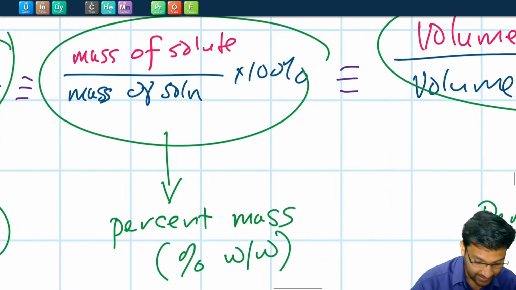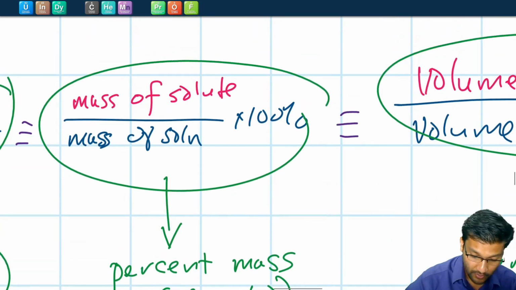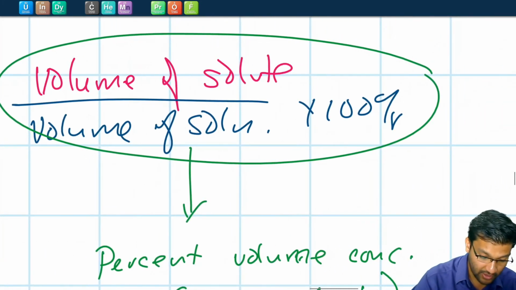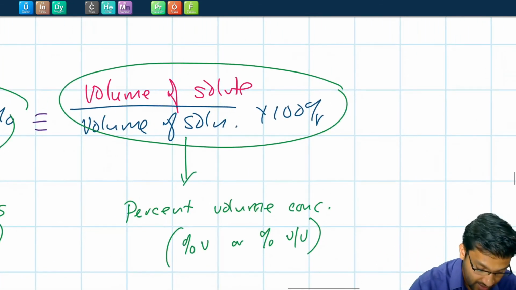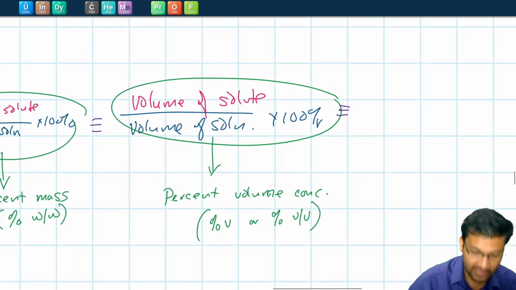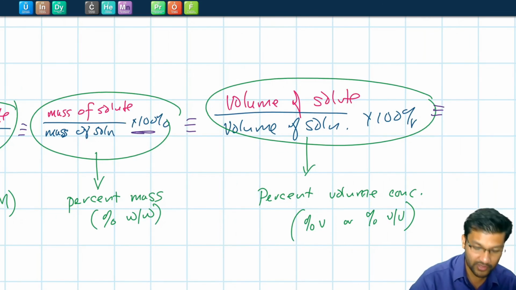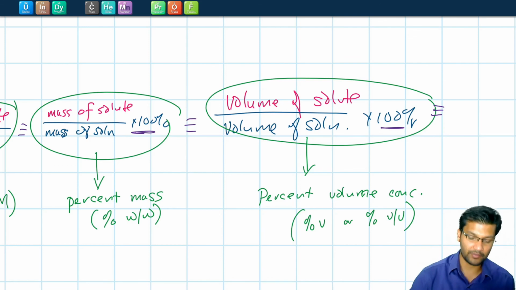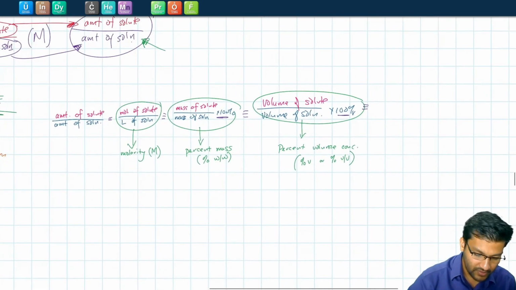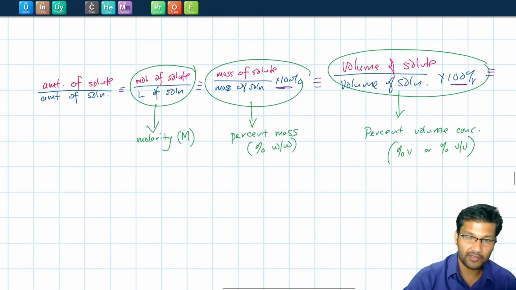But we also did percent mass, where both the solute and solution are expressed as a mass. We did percent volume, where the solute and the solution are both expressed in terms of volume. We also looked at other units, such as parts per billion and parts per million, where instead of multiplying by 100%, we multiply by 10 to the 6th for parts per million and 10 to the 9th for parts per billion. All right, this will bring us to the end of chapter 3.